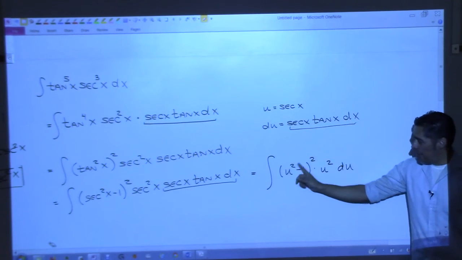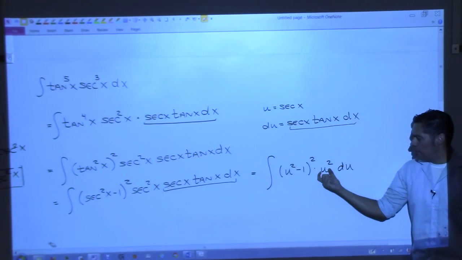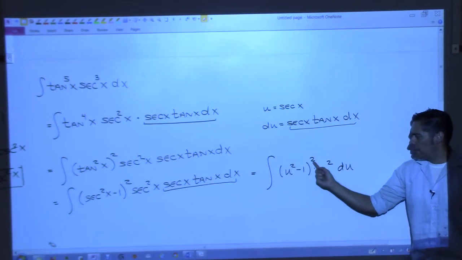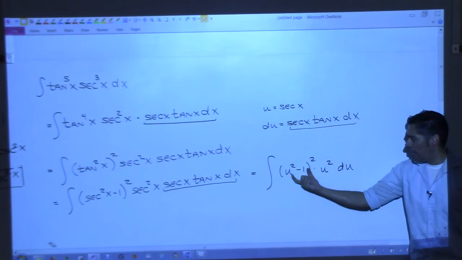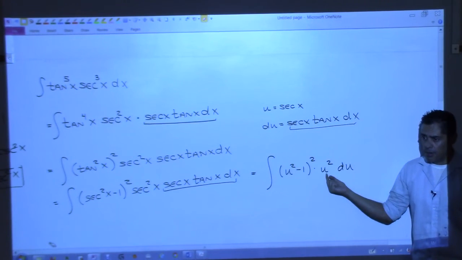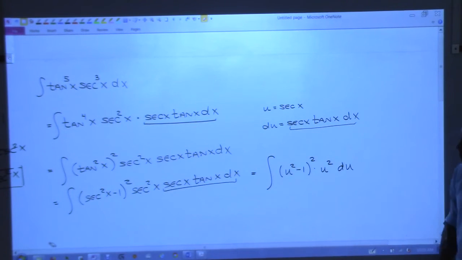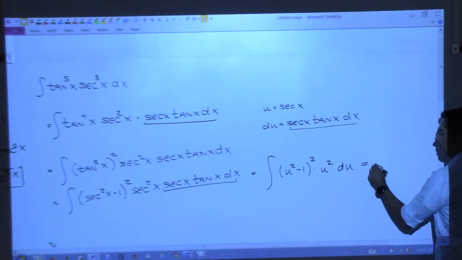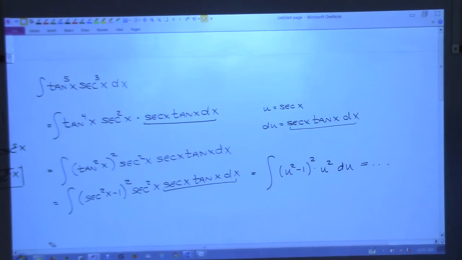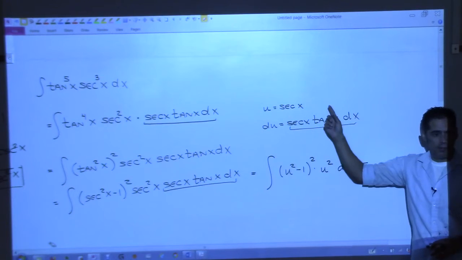You're going to have to expand this. U squared can't get distributed yet. First expand, right? You have to do exponents before multiplication. So expand that, then distribute your u squared through. Can you handle it there? You got that? At the end, you'll replace u with secant x.